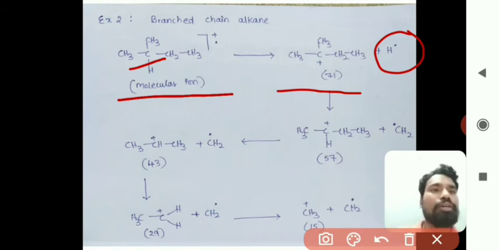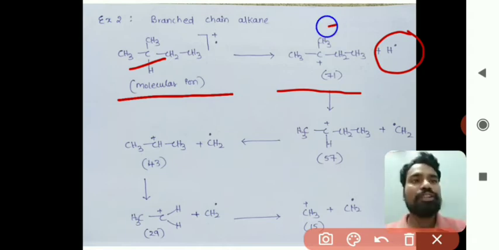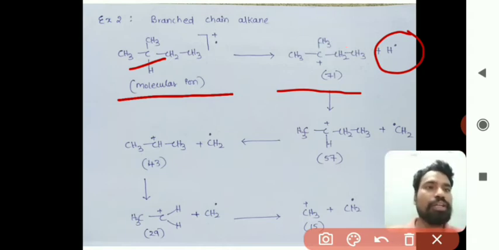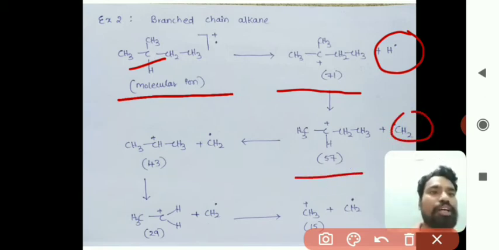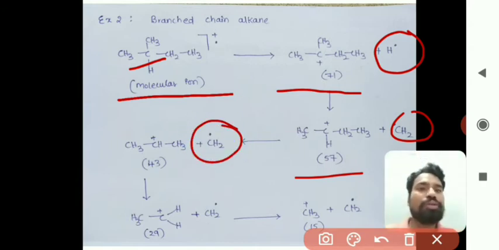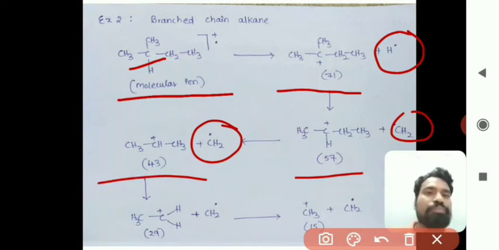This 2-methyl butyl carbocation further undergoes fragmentation. This CH3 will be removed as CH2 dot, and it forms a butyl carbocation, m/z value 57, and after that, by losing CH2 dot, it forms a propyl carbocation, and then the ethyl carbocation, then the methyl carbocation. This process is like simple alkanes that we have already discussed.